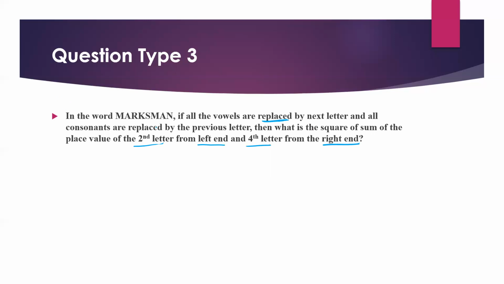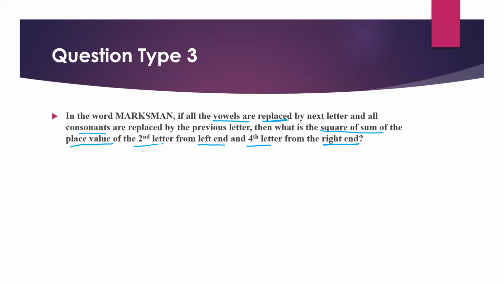So after fulfilling its criteria, replacing the vowels by the next letter and the consonants by the previous letter, we have to find the place values. We have to find this equation, the square of the sum of place values.